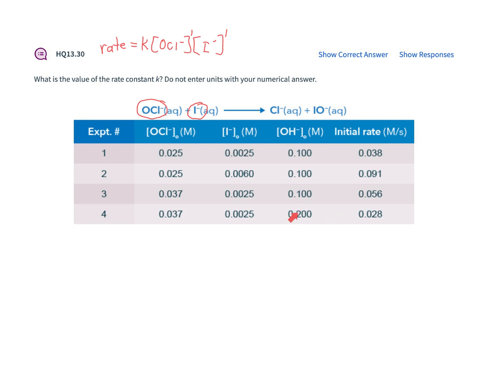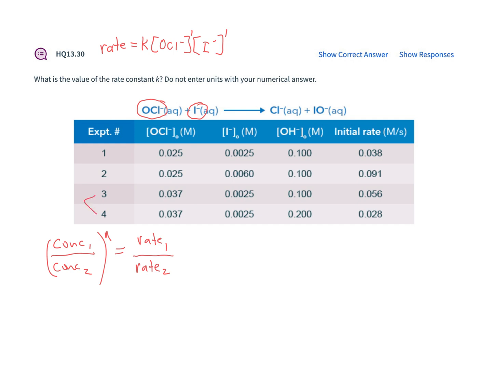So that tells us hydroxide has an impact on the rate, and a negative impact, because as its concentration increases, the rate decreases. Because it has an impact on the rate, it needs to show up in the rate law. To find that impact, the equation I like to use is concentration 1 over concentration 2 raised to the power of n equals the rate that corresponds to that concentration divided by the rate that corresponds to the second concentration.